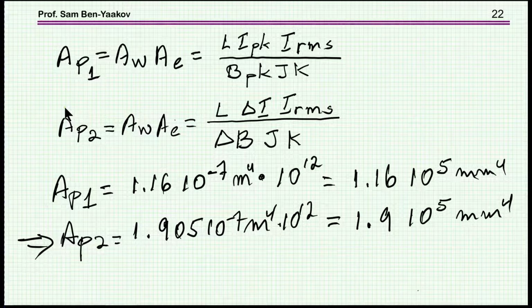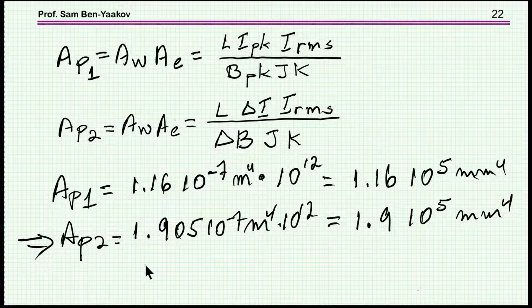So now I'm ready to calculate the area product, and I'm doing it for two cases, one for I peak and B peak. Everything here is now known or assumed, J and K. And then I'm doing it for delta I and delta B, and I'm getting two numbers. And here is 1.9 times 10 to the 5th millimeter to the 4th. This is the largest one. So the delta B, being high frequency, is dominant here.